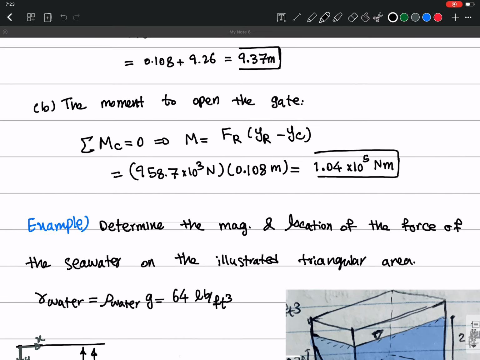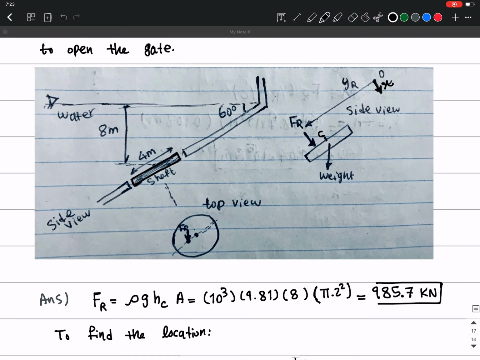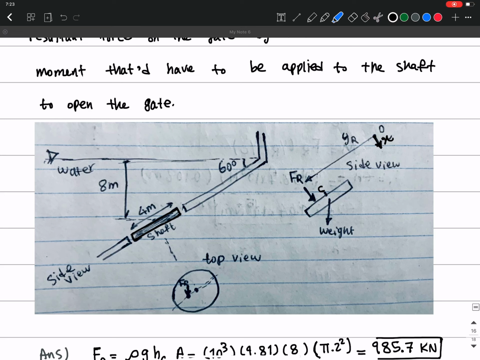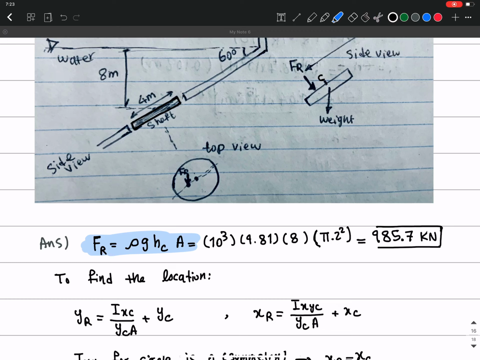So let me briefly review what we learned today. I've solved two examples. One was for calculating the forces on an inclined plane on a shaft here, as you see it. For the resultant force, we simply calculate rho g HC A, where HC is the center of the area of that plane.